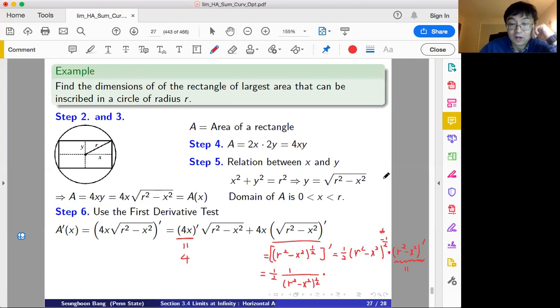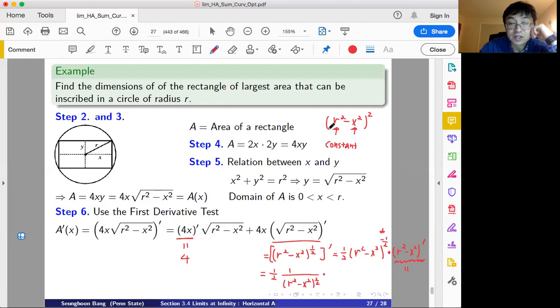What do you think? Really be careful. What is a variable? X is a variable. What's R? R is a fixed number, a constant.